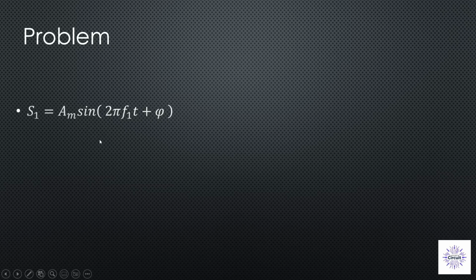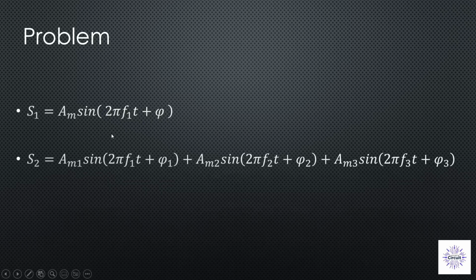If we want to expand this, assume that our signal has different sine tones at different frequencies, f1, f2, f3, and we want to be able to extract Am1, phi 1, Am2, phi 2, and Am3, phi 3 among all these different frequencies.